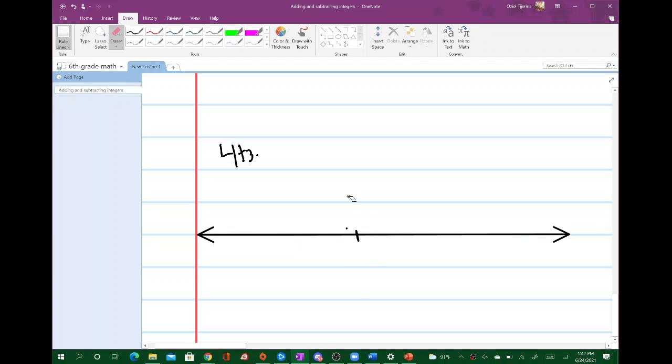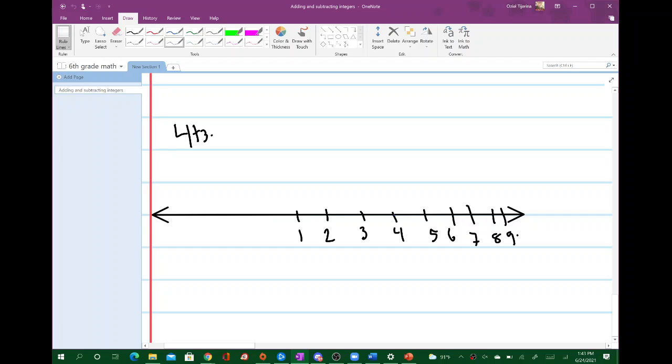So basically you only had positive numbers, so you would say 1, 2, 3, 4, and you would just keep going and going, right? So let's say you went 1, 2, 3, 4, 5, 6, 7, 8, 9. The way they would teach you is, you start at 4 right here, and you go 1, 2, 3.